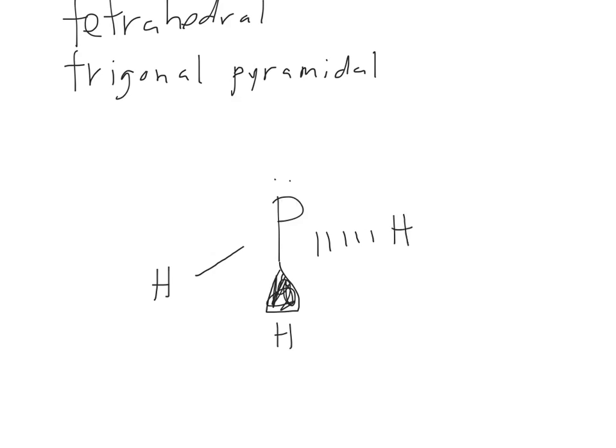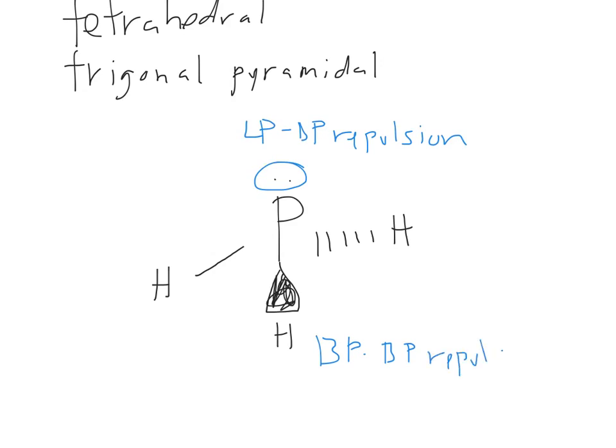So because of this lone pair, we know that lone pair bonding pair repulsion is greater than these bonding pair repulsion, causing this to bring these single bonded hydrogens down, making this angle less than 107 degrees.